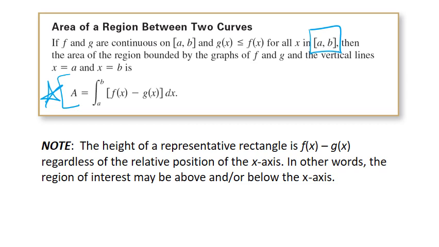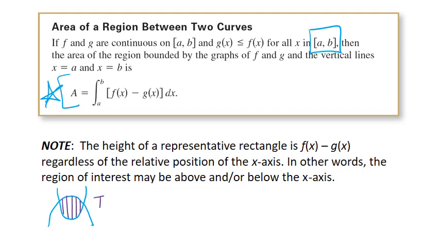Now, one thing you want to be cautious of is whether the function is always a top minus bottom type thing. You might have something that looks like this, and you can easily see that the top function is always on top.